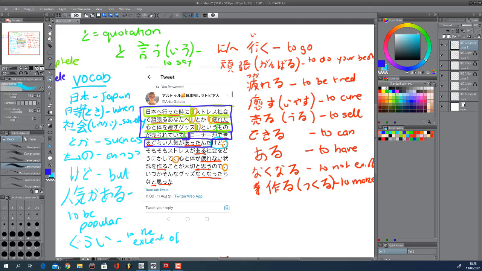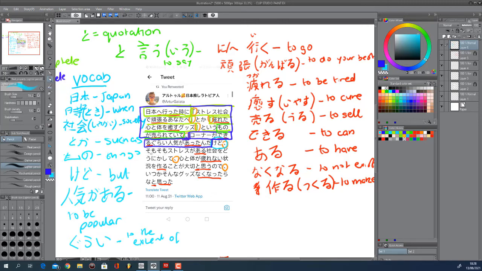So ストレスがある means to have stress. So remember that as a whole thing. ストレスがたまる means to increase more, like you're getting more and more stress, an increase in stress. So in the first place, そもそも.